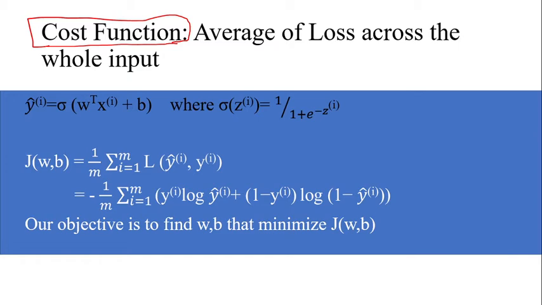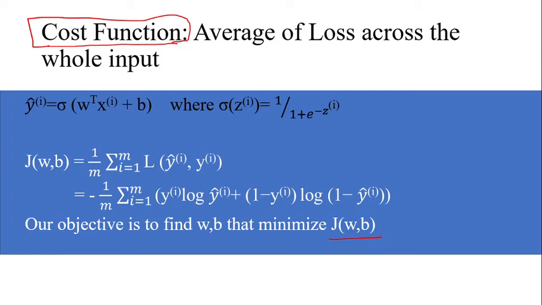Ultimately the goal is to optimize, or minimize, the cost value so that you get the best solution. I hope it is clear till now. We are going to minimize J of W, B. W and B are the magical numbers that we need to optimize.